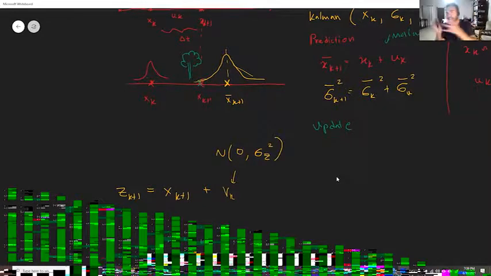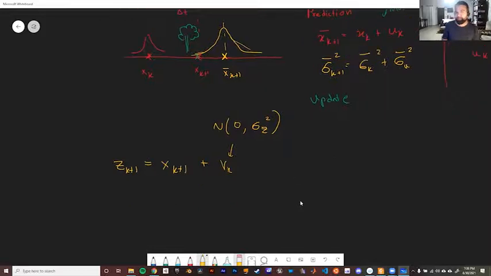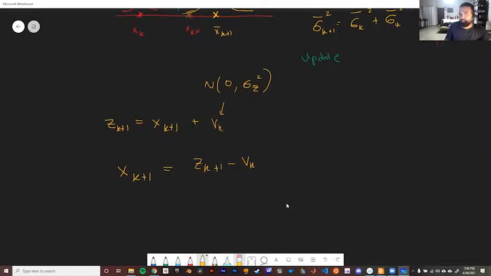What this is doing is taking your location and mapping it to the observation. But we need the opposite of it. Given my observation, where am I supposed to be is the question. So if this is the normal distribution, given this observation, where am I supposed to be? I'm just going to take this to the other side: zk plus 1 minus Vk, this noise. But when you put this minus here, what happens to this?